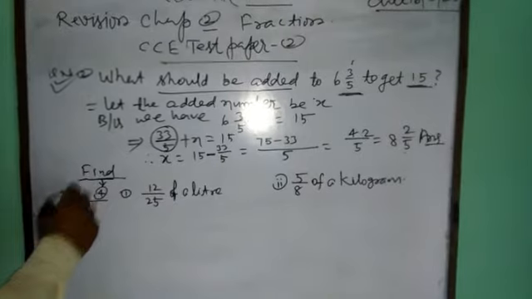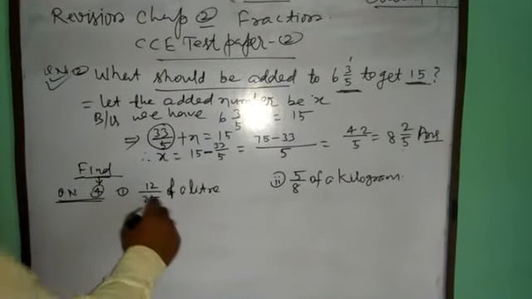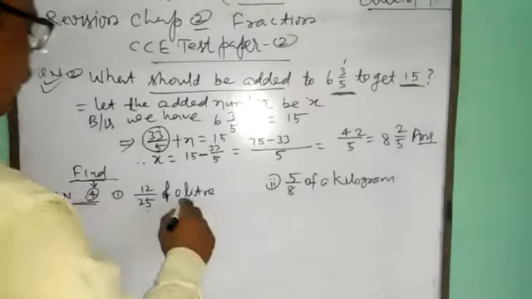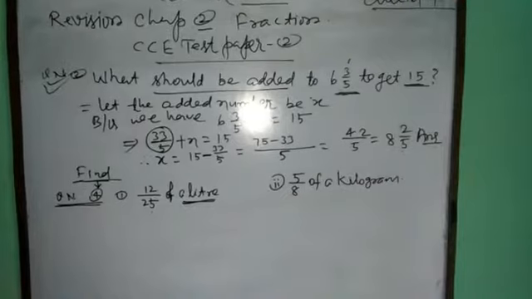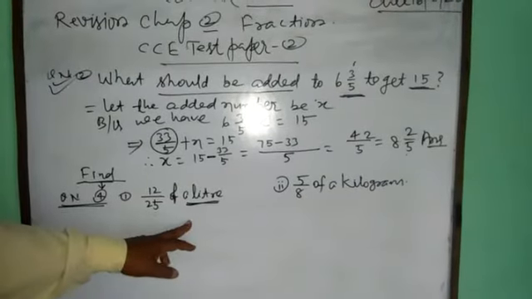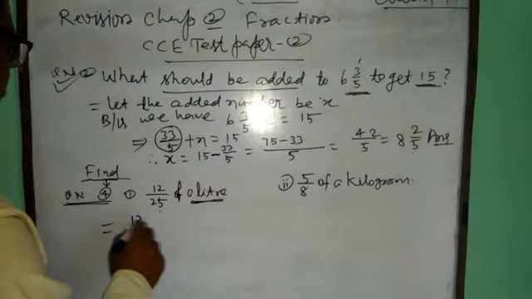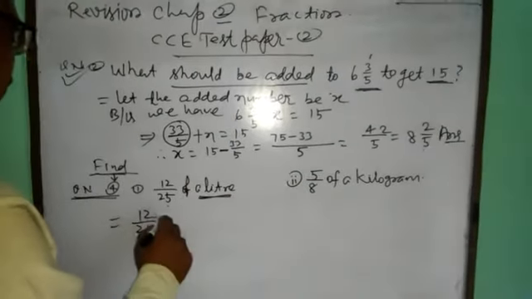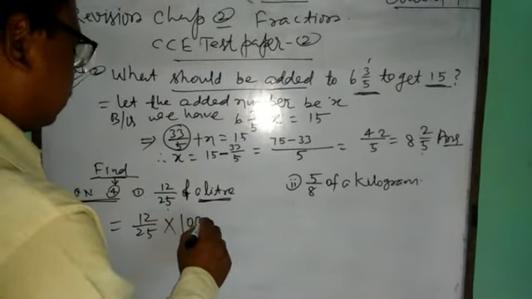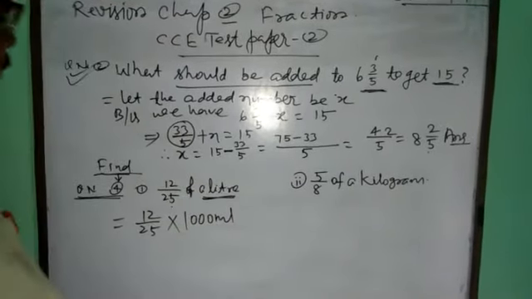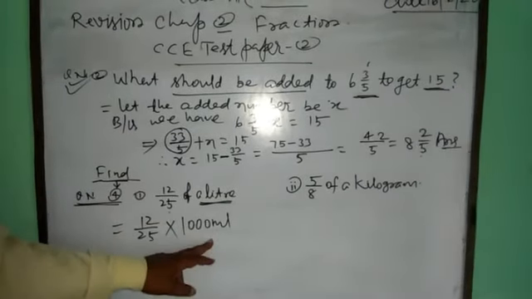Other question, find the value. Question number 4. 12 by 25 of a liter. We know 1 liter is equal to 1000 ml. So we write 12 by 25 multiplied by 1000 ml, converting liter into ml.